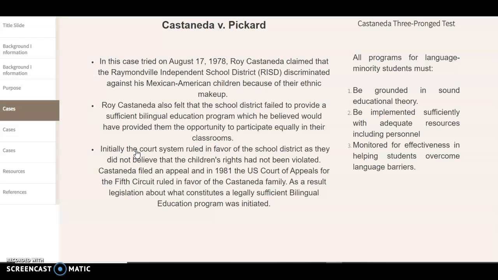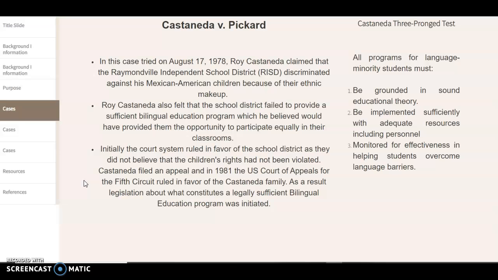Initially, the court system ruled in favor of the school district as they did not believe that the children's rights had been violated. Castaneda then filed an appeal, and in 1981, the United States Court of Appeals for the Fifth Circuit ruled in favor of the Castaneda family. And as a result, legislation about what constitutes a legally sufficient bilingual education program was initiated.